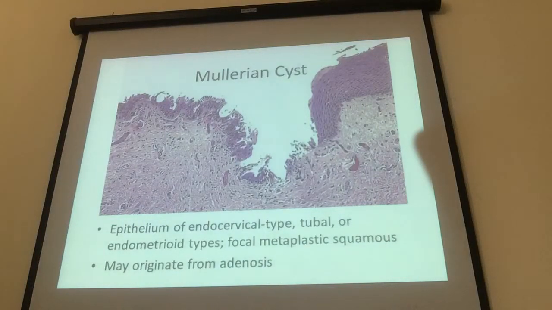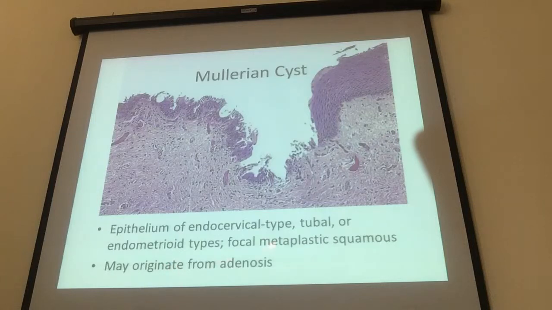So here's an example of a Mullerian type cyst that merges with squamous mucosa and can have endocervical or tubal or even endometrial type of epithelium. And if this is massively dilated, it can be a significant mass lesion.